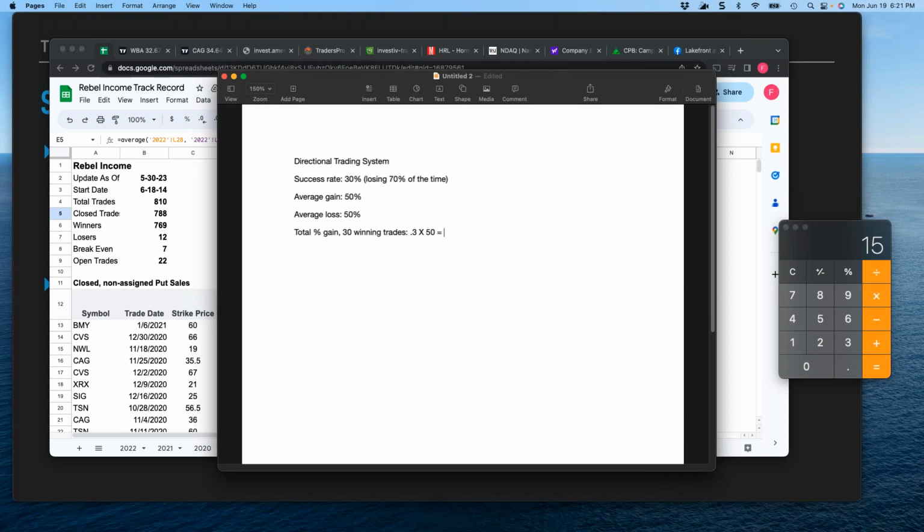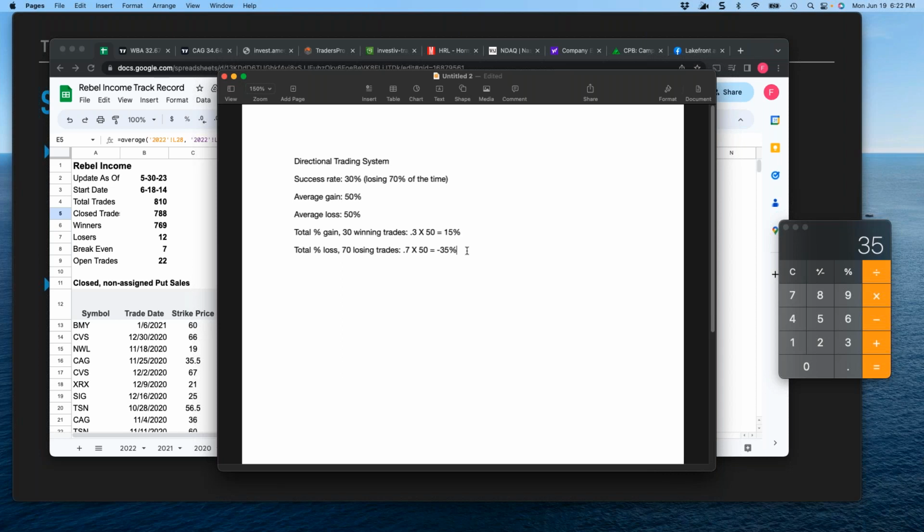So the total percentage gain is going to work out to 15%. On the other hand, total percentage loss on the 70 losing trades, .7 times 50, it's minus 35%.